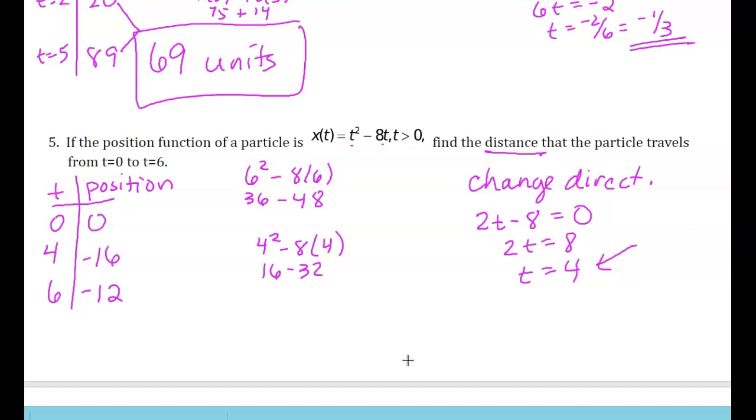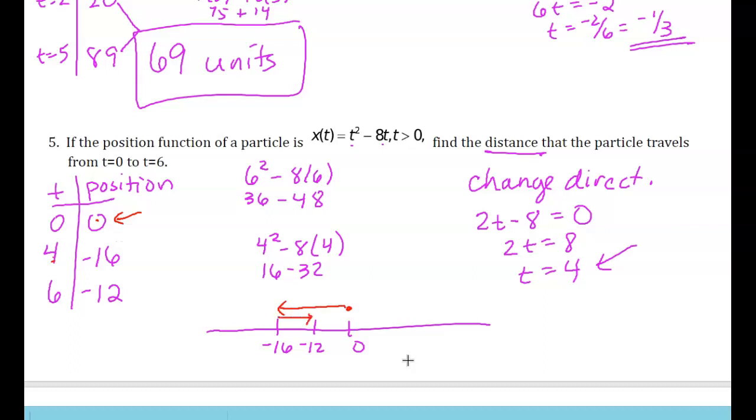So actually what happened, let's give you a visual. It's negative, but not how I was expecting. We started at 0, because that's what it says, and then after 4 seconds, we moved to negative 16. Okay? And then my particle from 4 to 6 seconds moved to negative 12.